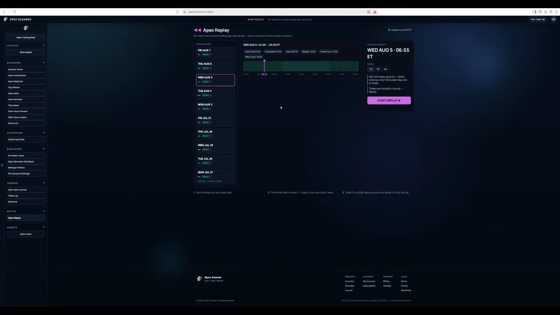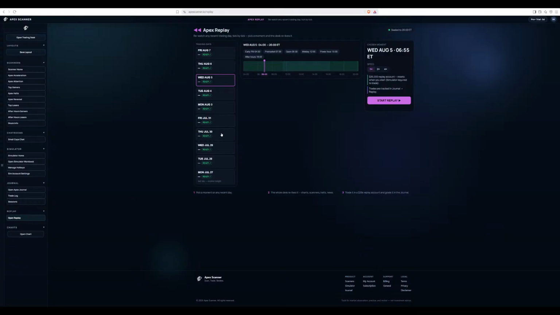This tool is super helpful for those guys as well. How this tool works is it gives you the past 10 days worth of trades, tick by tick, exactly in the market conditions that the market was in on that particular day at that particular time. So without much further ado, let me take you in.